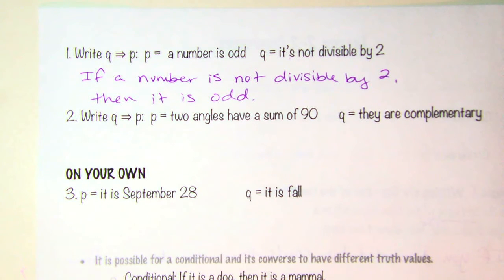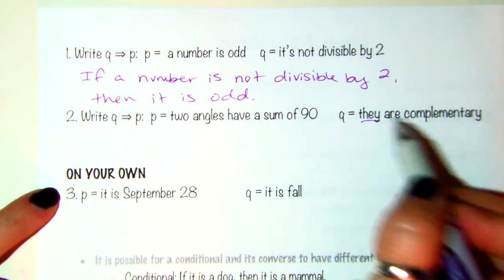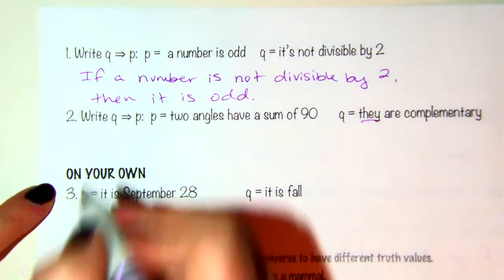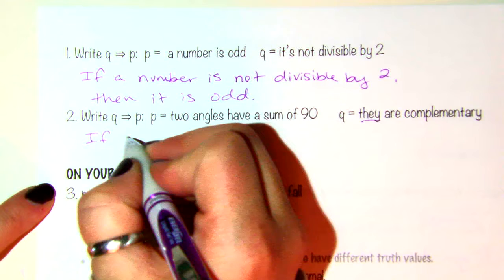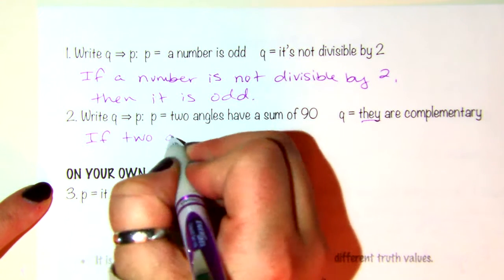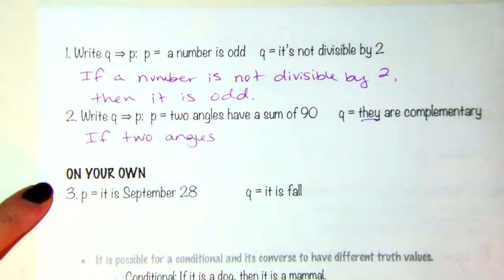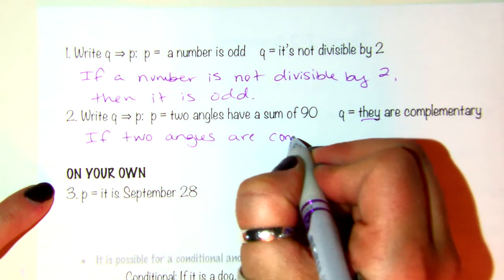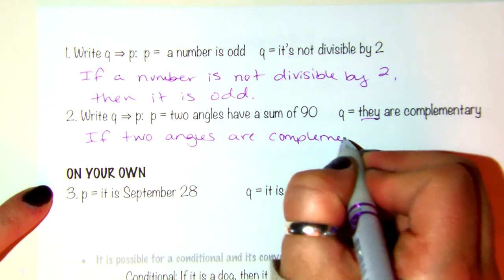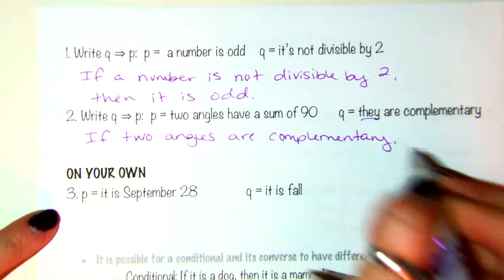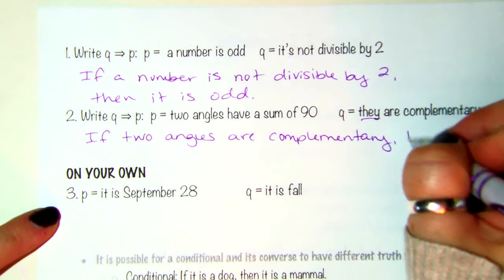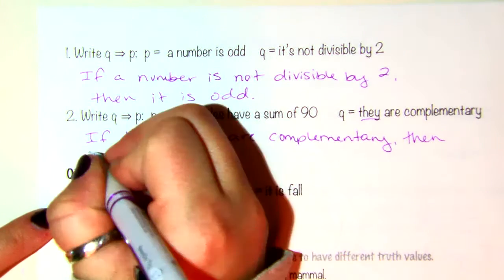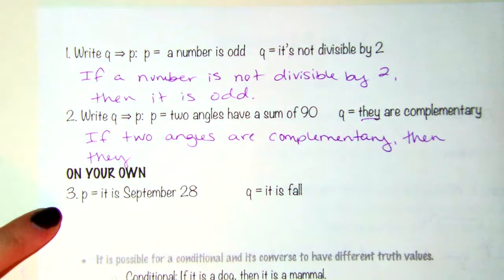Number 2, so again we're writing if Q then P. So we don't want to use they, so 2 angles. So if 2 angles are complementary, then they have a sum of 90.